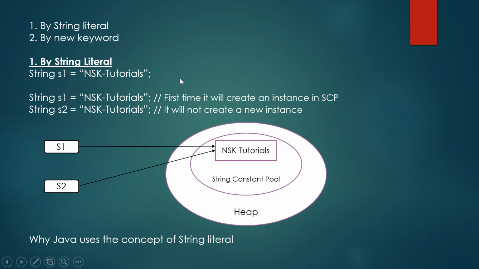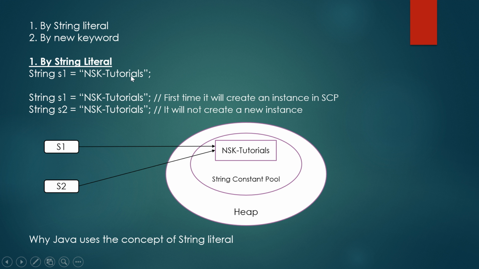In Java, a string can be created in two ways: by using a string literal and by the new keyword. By string literal means creating a string object using the assignment operator, with the content within double quotes.